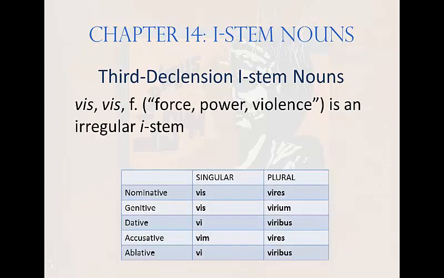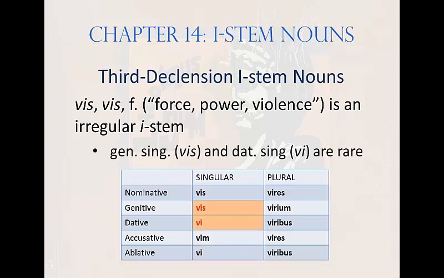One third declension I stem noun is worth taking a special look at. It's vis, feminine, meaning force, power, or violence. It's irregular inasmuch as its accusative singular is vim, and its ablative singular is vi, a form that shows up often in classical Latin meaning through force or violence.